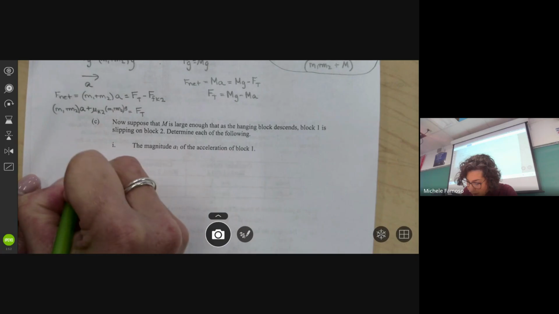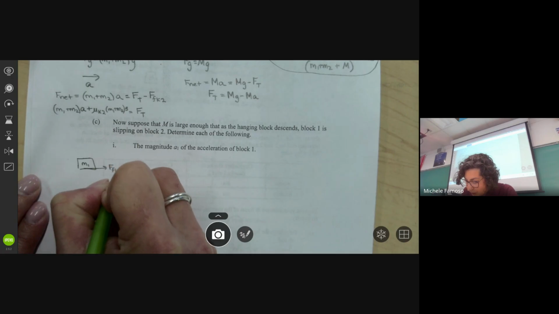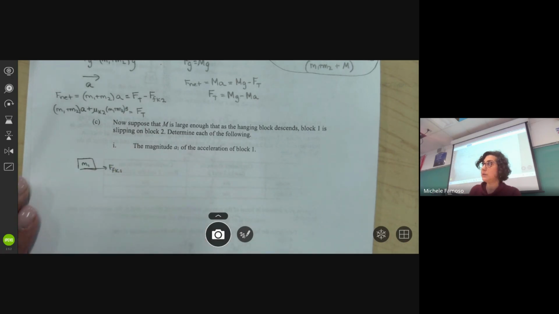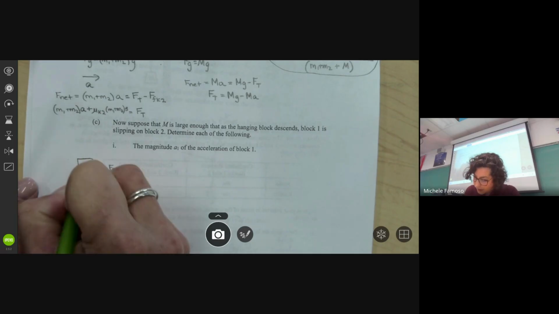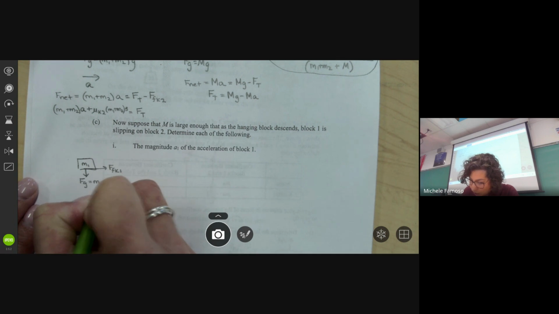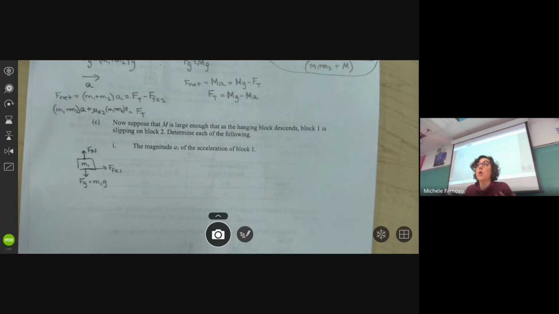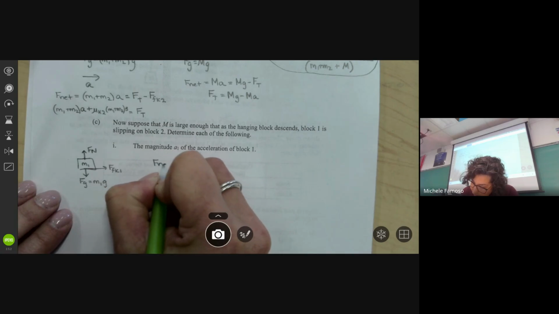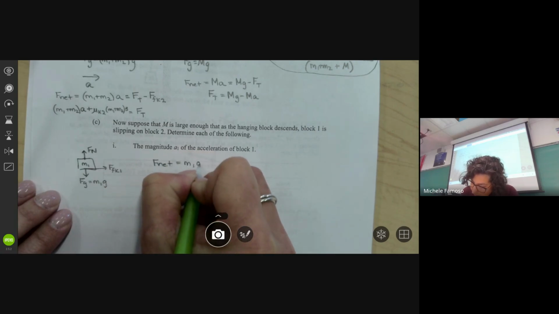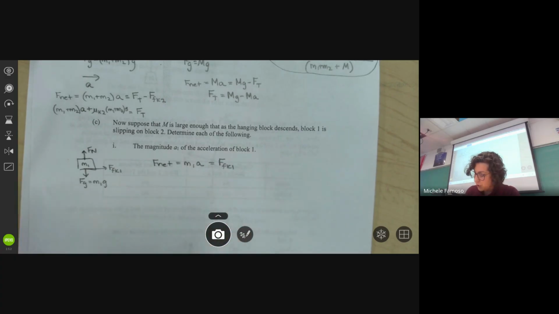So here is little mass M1. There is a kinetic friction force pulling it to the right on the bottom surface. Its weight pulling it down is M1G, normal force acting up. That's it. There's no rope touching it. So the net force on this is M1A, which is equal to that kinetic friction force.